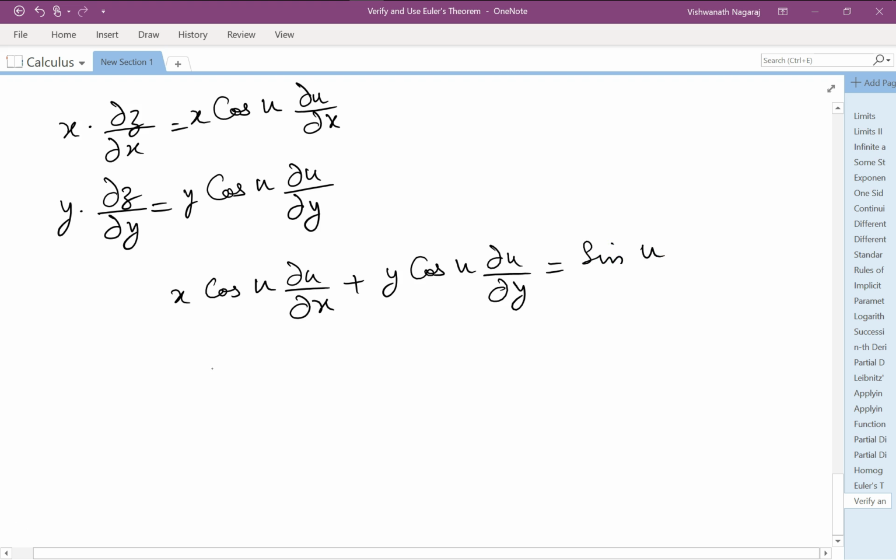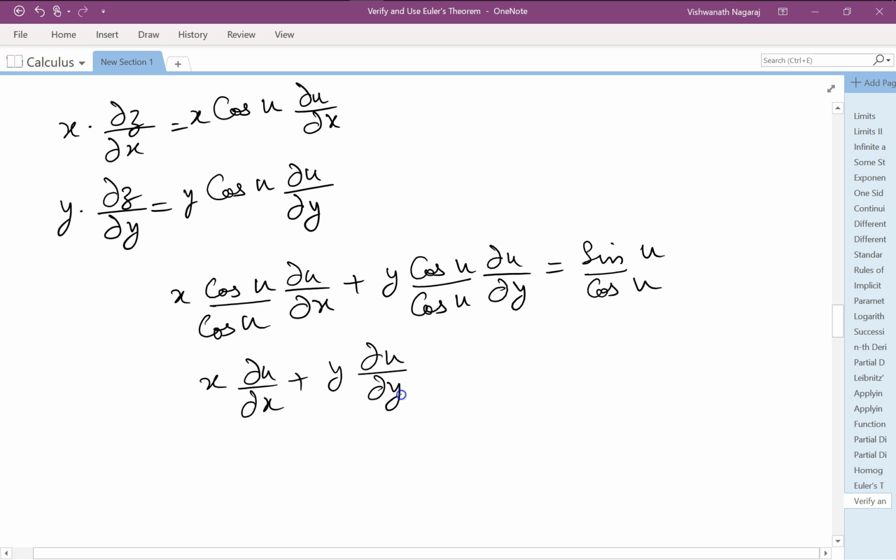Now we are very close, but tan should come here. That means we have to divide by cos, so on the left hand side also we divide everything by cos u. So we end up with x dou u by dou x plus y dou u by dou y is equal to tan u, which is what we had to show.